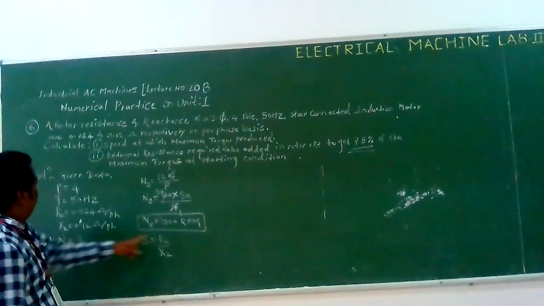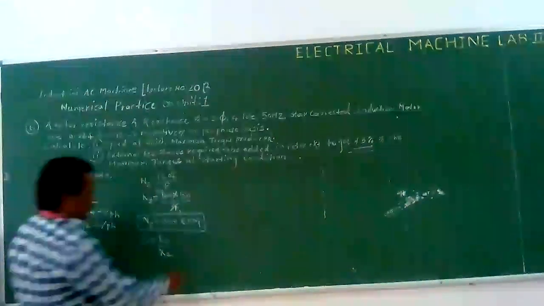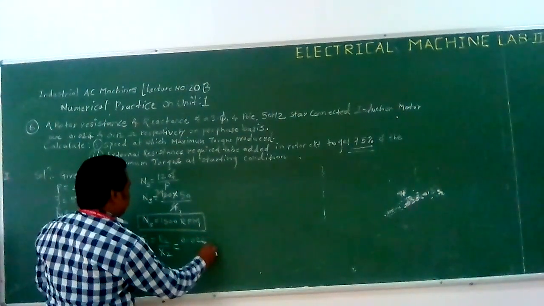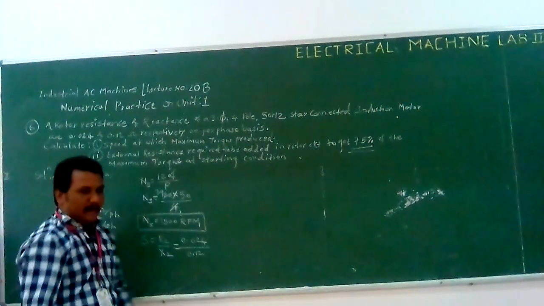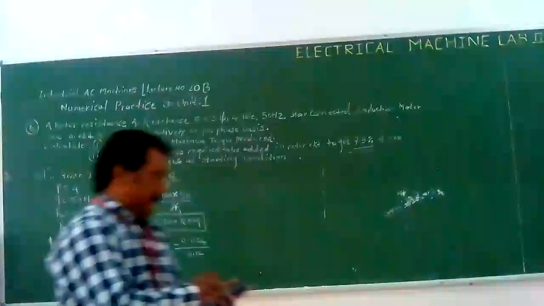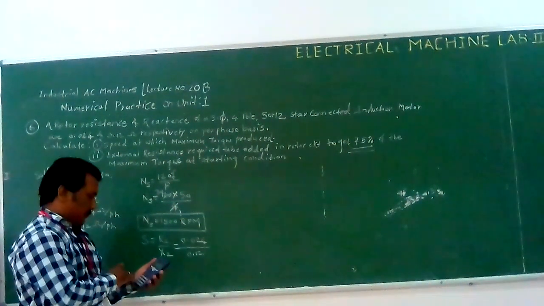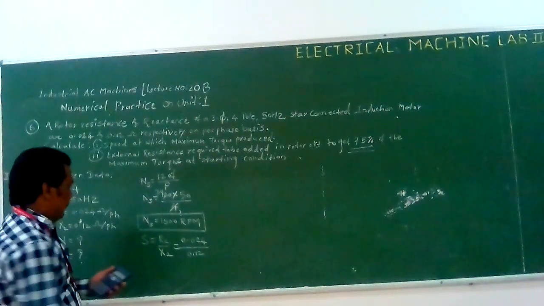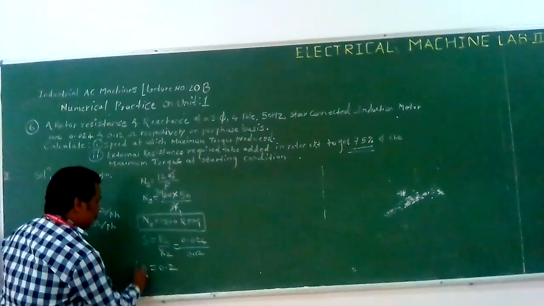Here R2 is 0.024 ohm per phase and X2 is 0.12, so slip is 0.024 divided by 0.12. Using a scientific calculator, we get the value of slip as 0.2.